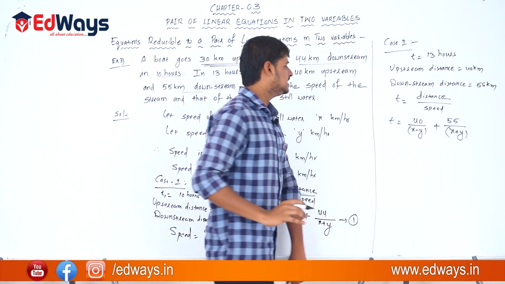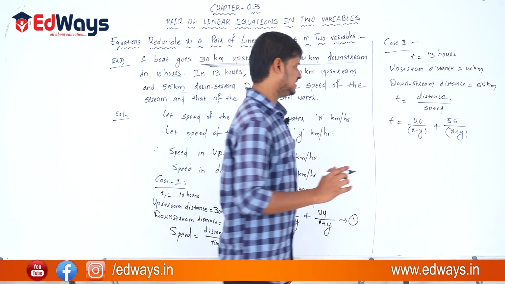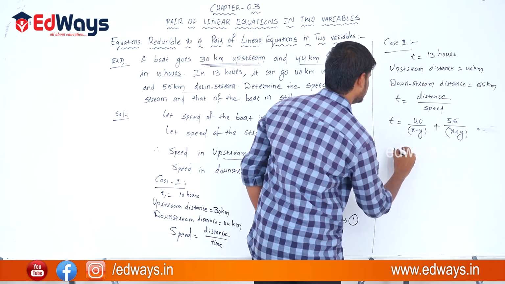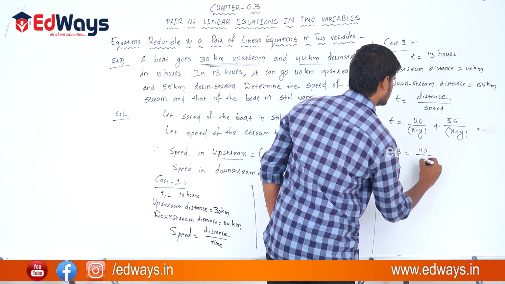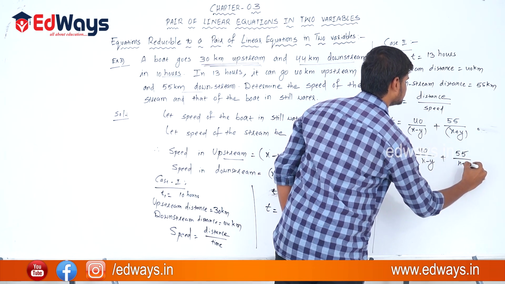Understood? So t is equal to 40 by x minus y plus 55 by x plus y is our second equation. So what is t? Substitute the t value: 13 is equal to 40 by x minus y plus 55 by x plus y.